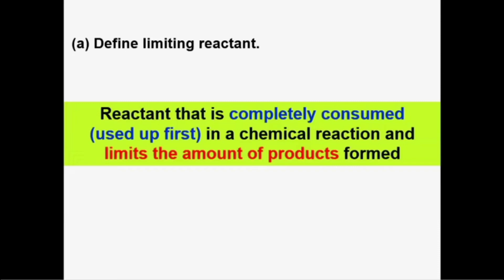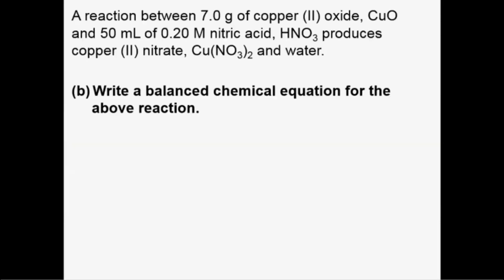Alright, so let's move on to the next question, B. In B, you need to write a balanced chemical equation for the above reaction. Let's look back at the question. We have copper 2 oxide reacting with nitric acid to produce copper 2 nitrate and water.